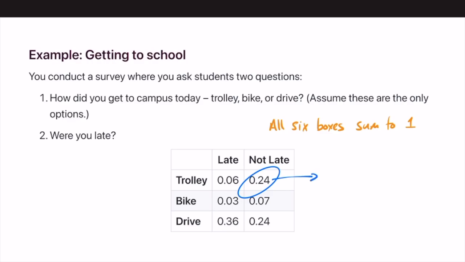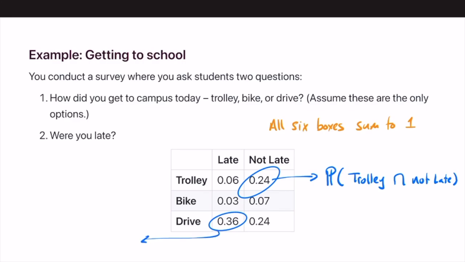What does this actually mean? It's the probability that you took the trolley and that you were not late. And we have this one for drive.